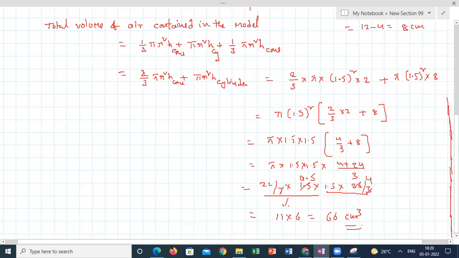Hope you are clear how I did the calculation in an easy manner. Is it clear? Students, please respond yes or no or something. Guys, please. Is it clear?